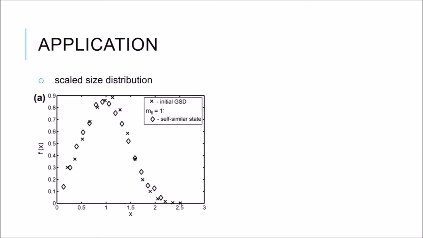So, for example, we can have a look at the size distribution, and it's always nice to analyze the scaled size distribution, where we scale it in such a way that on the horizontal axis we have the scaled grain size, which is grain radius divided by average grain radius.